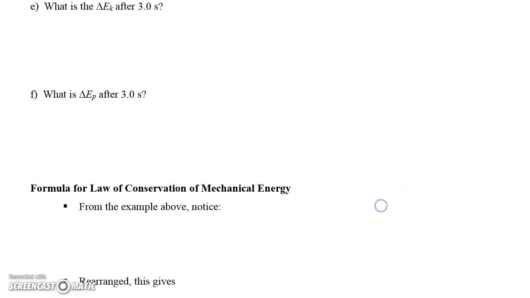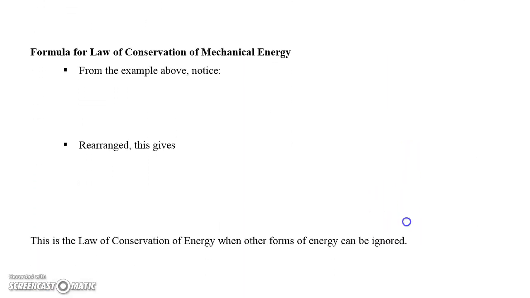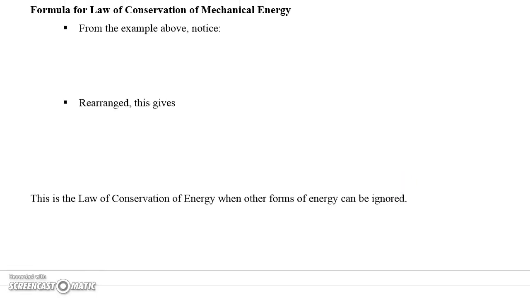Now, we're going to go through that example in class, but let's just take a look at what the end result might look like. And you're going to notice that the change in EK is equal to the change in the potential.